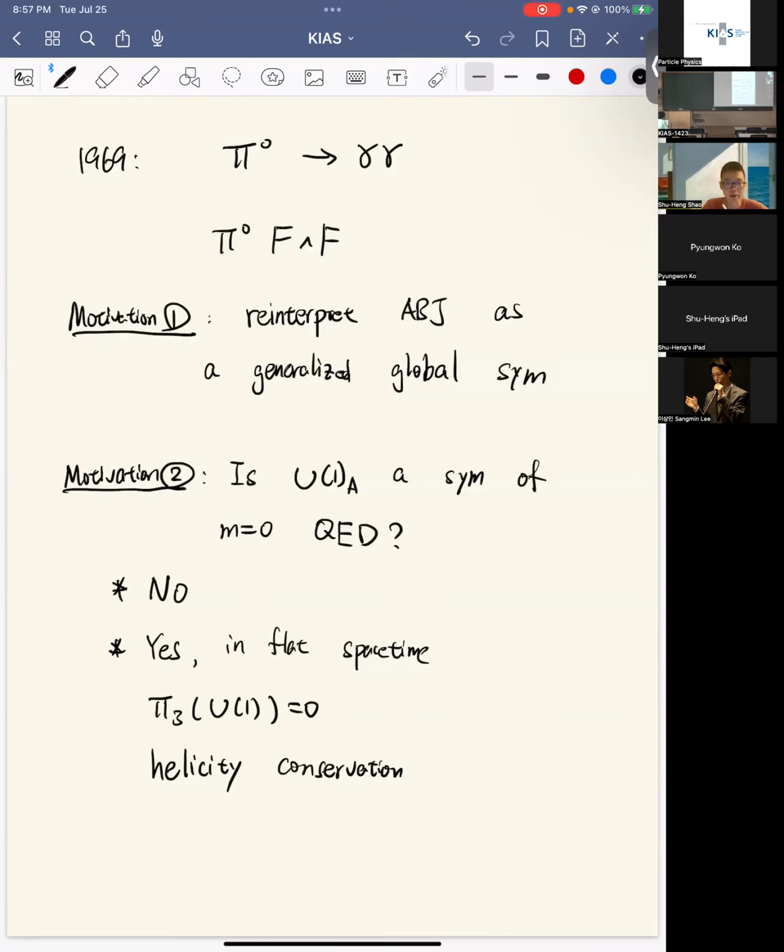If time permits, in the end, I will try to comment on the physical reason behind why sometimes there's a non-invertible symmetry and sometimes there isn't. And that's a great question. Any other question? Okay. If not, let's proceed.